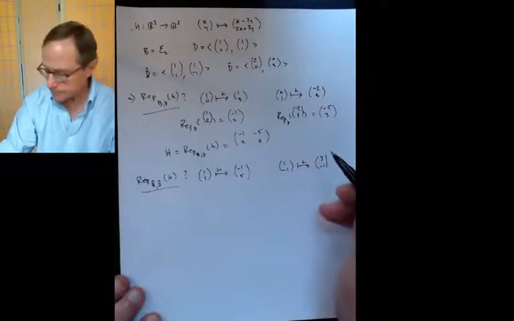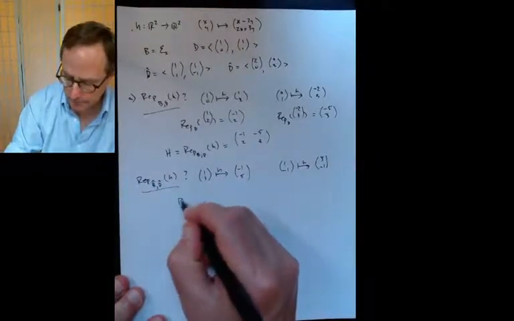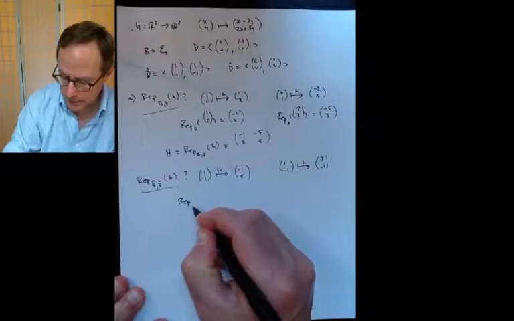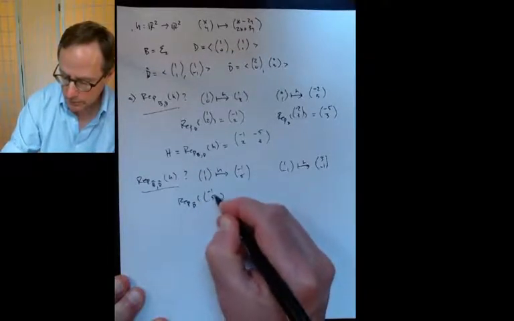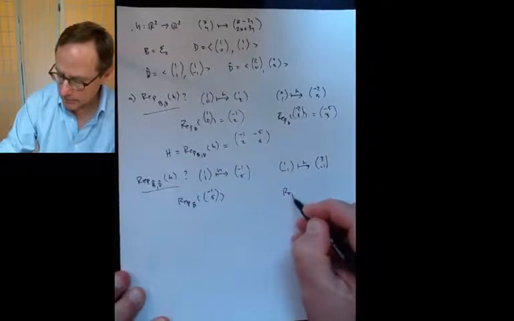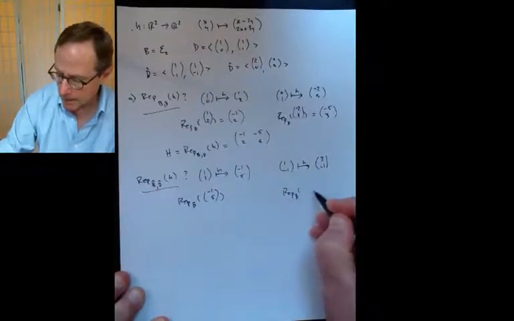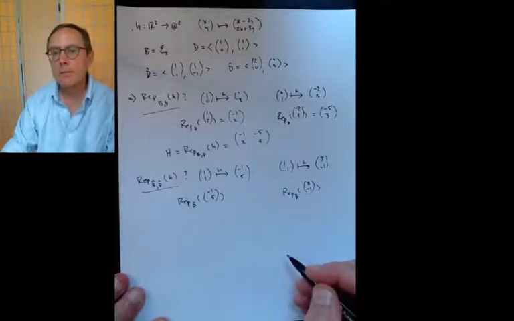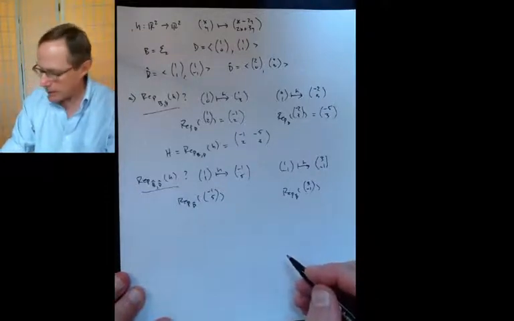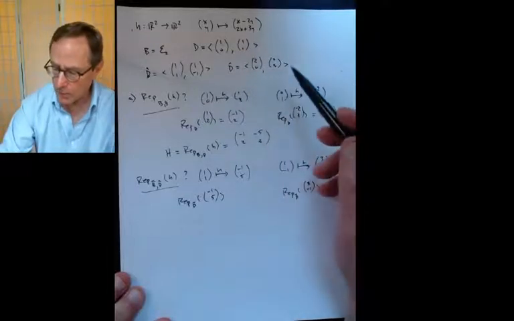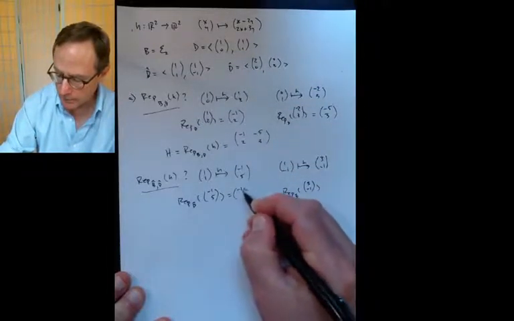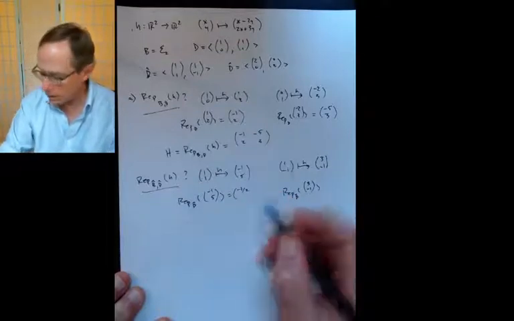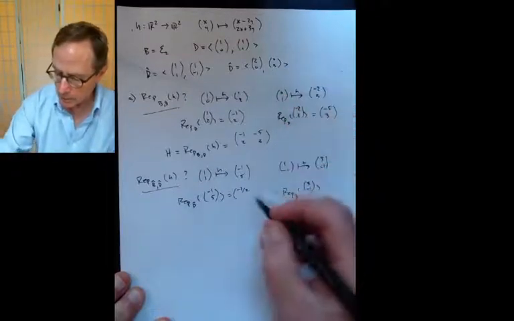Okay, so now I've got to represent with respect to D hat (minus 1, 5), and represent with respect to D hat (3, minus 1). D hat is especially easy, so in order to get a minus 1 on top, I need minus 1/2. And then in order to get a 5 on the bottom, I need 5/3.